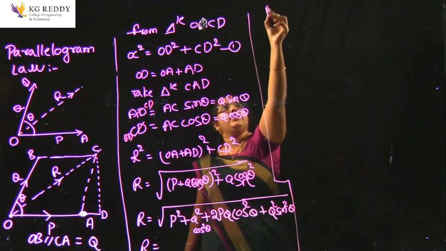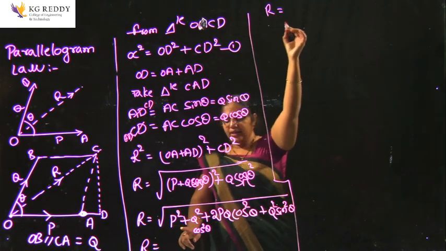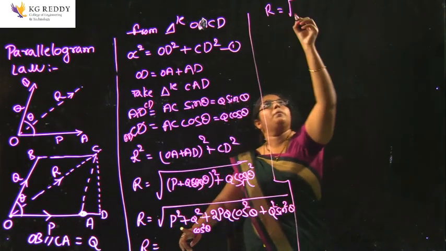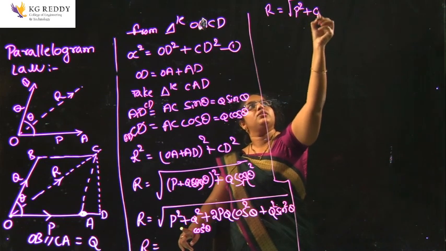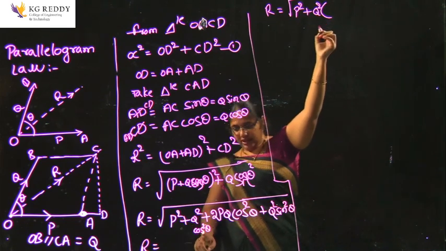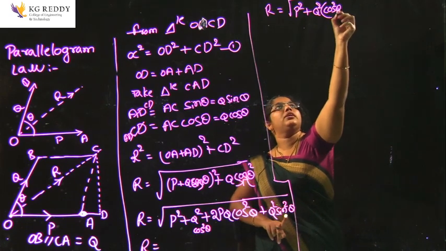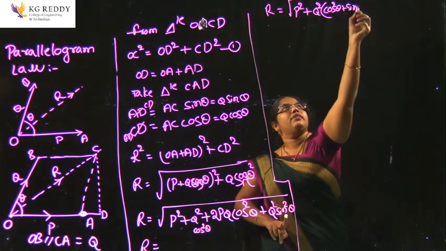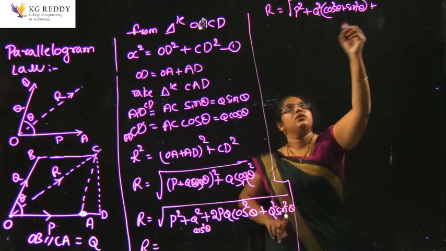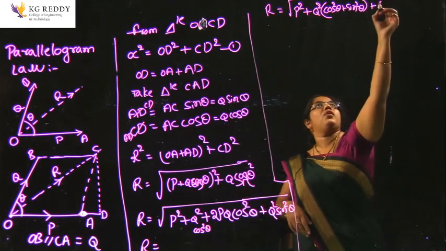So, R equals under root of P square plus Q square, taking common cos square theta plus sin square theta, plus 2PQ cos theta.